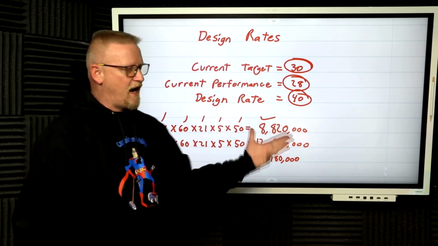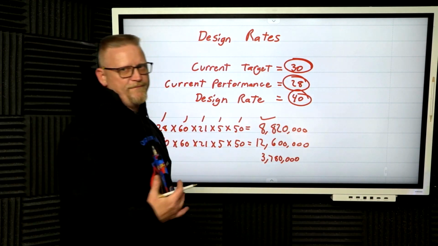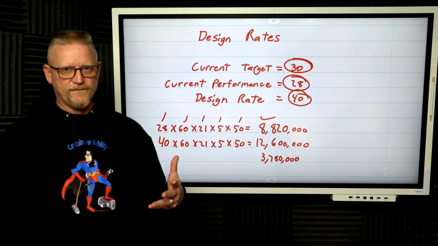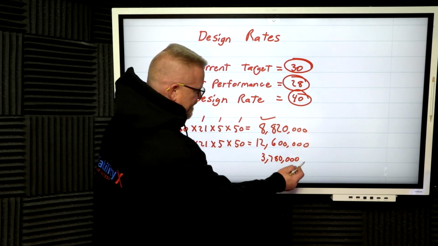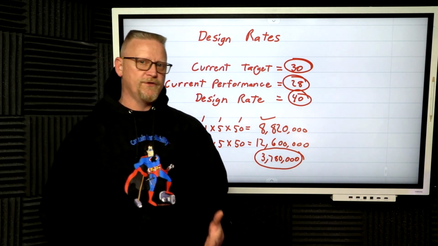If we take that design rate and plug that into the same equation, we're at 12.5 million units. So that little tiny difference, 12 units a minute, is equating to almost 4 million additional units.